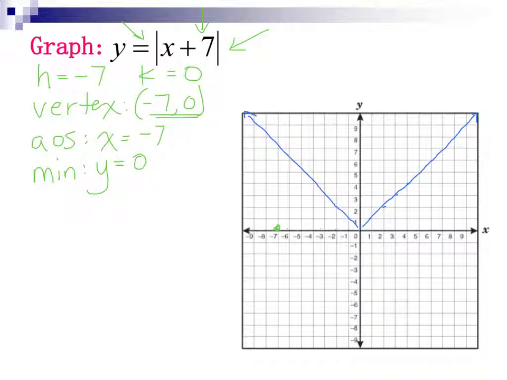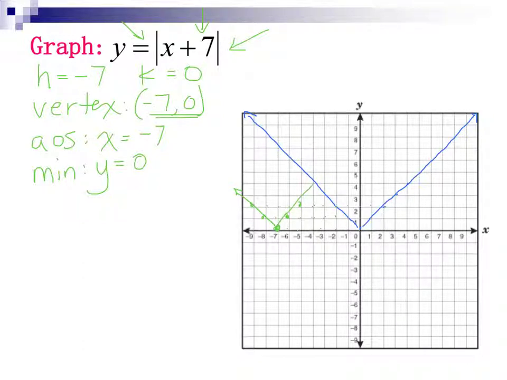My next point, negative 1, 1, I'll move 7 units to the left: 1, 2, 3, 4, 5, 6, 7. And I'll use negative 2, 2, 7 units: 1, 2, 3, 4, 5, 6, 7. And I have the left side of my function. On the right at 1, 1, I will move it 1, 2, 3, 4, 5, 6, 7. I'll move 2, 2: 1, 2, 3, 4, 5, 6, 7.